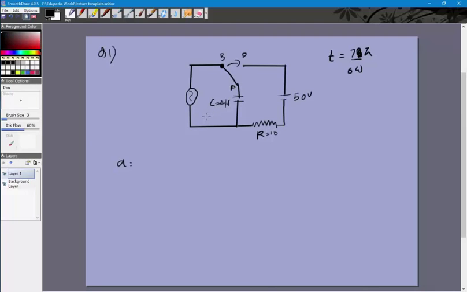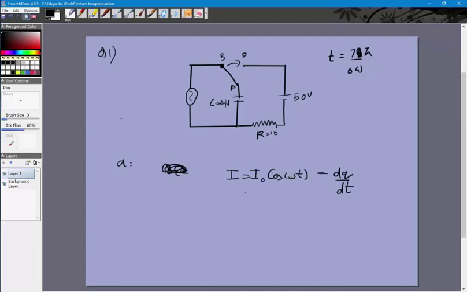You will have Q, and if you have I equal to I naught cos omega t, then this is dq by dt. Now when the charge will be maximum, dq by dt will be 0.